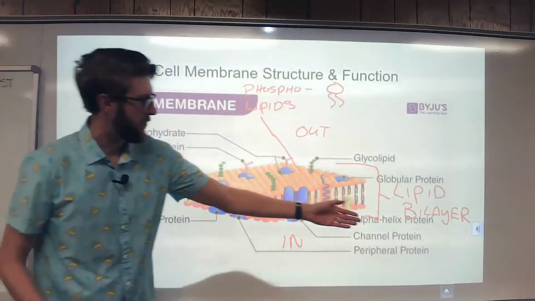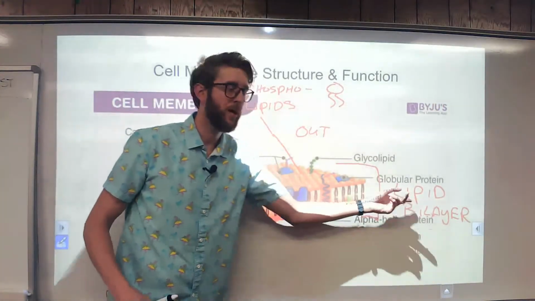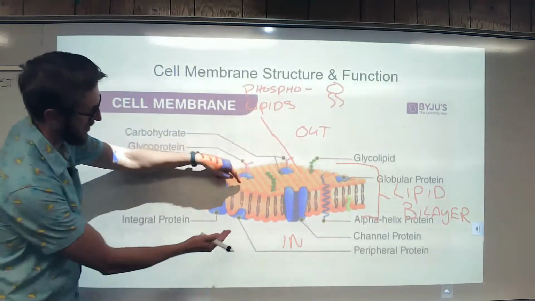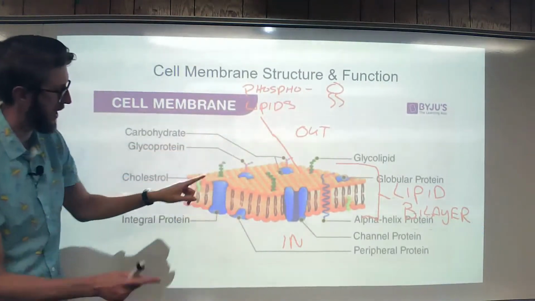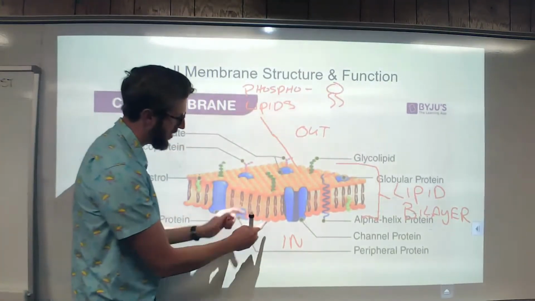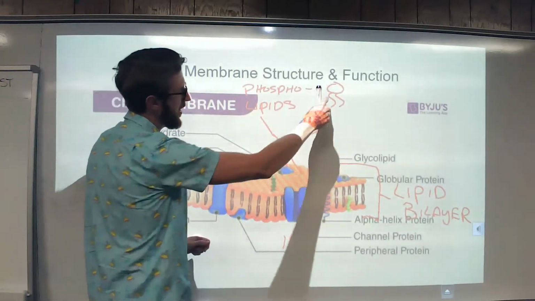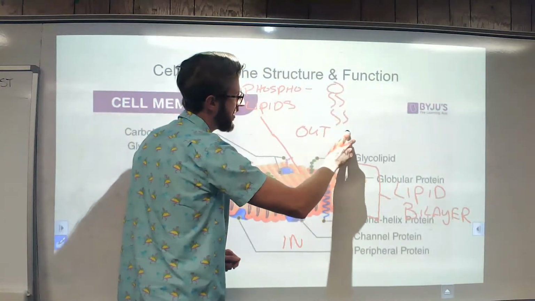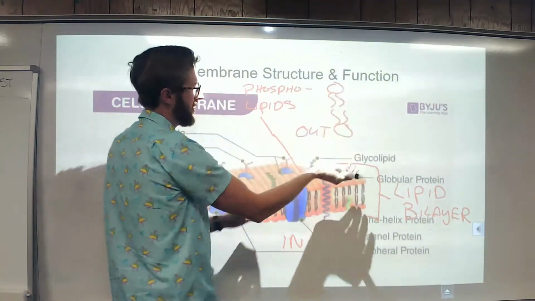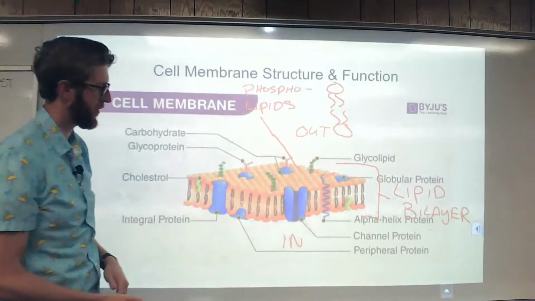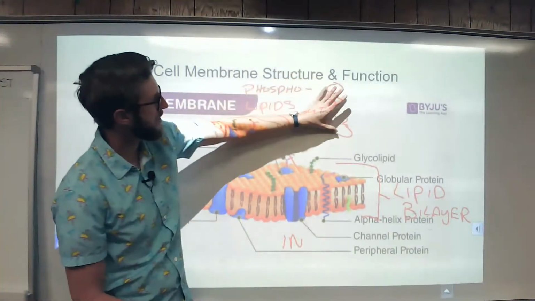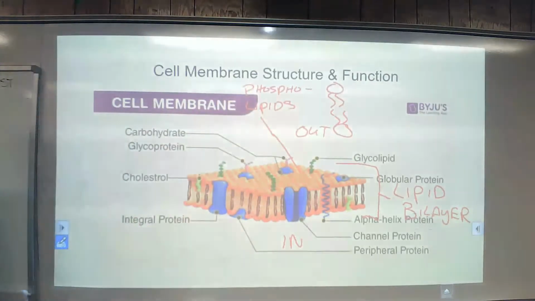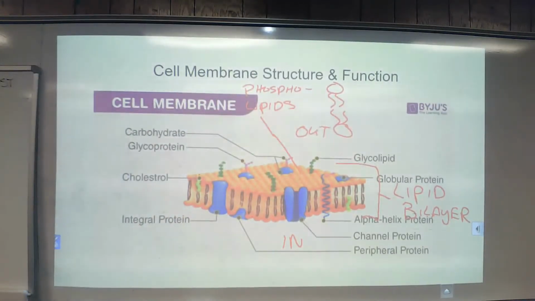Bi means 2, so this is just 2 layers of lipids, and that's the way it is built. You'll also notice that the tails of one face the tails of the other one, and the heads face away from each other. This is what creates the barrier between the outside of the cell and the inside of the cell.